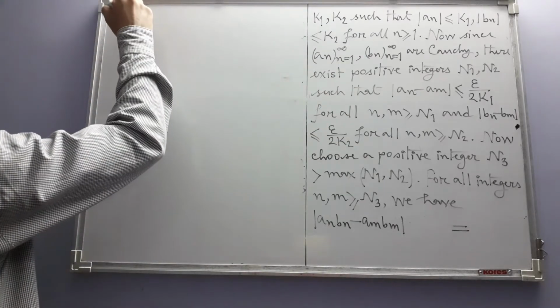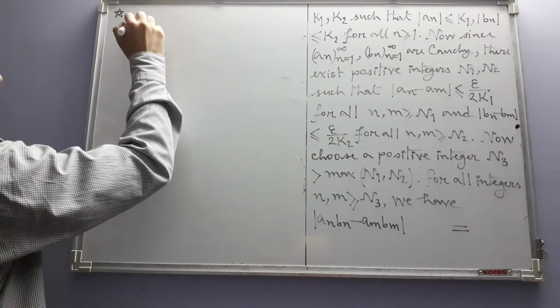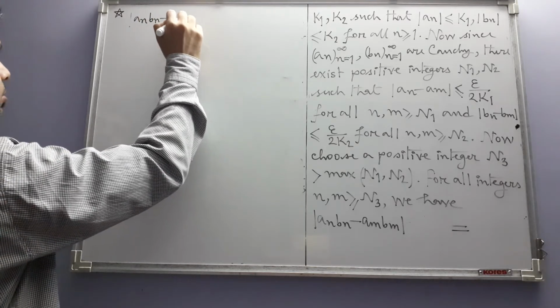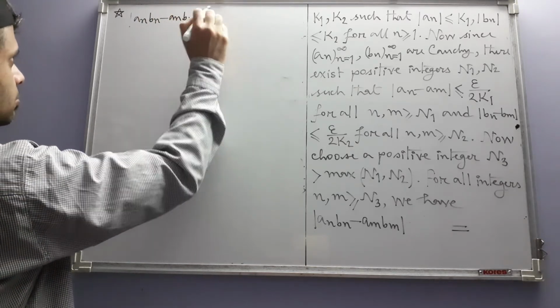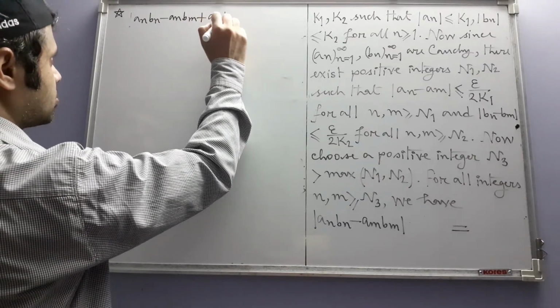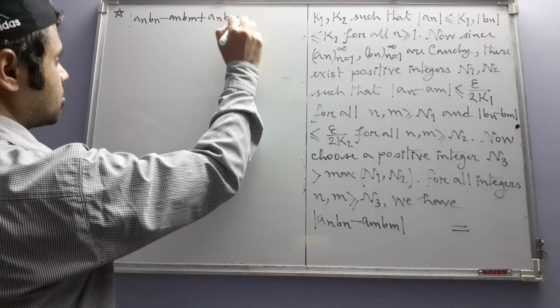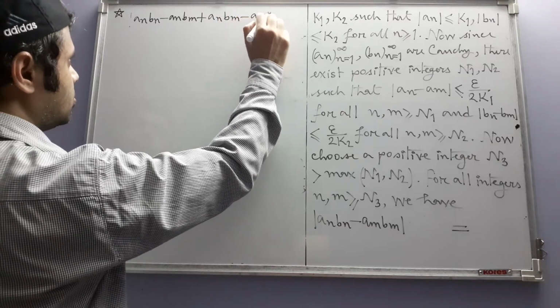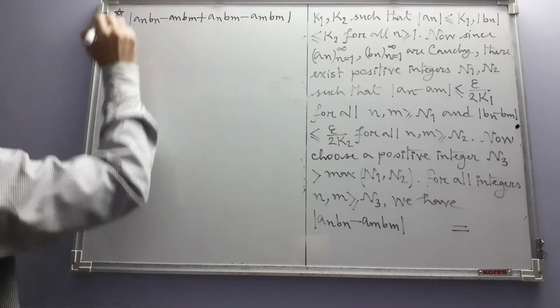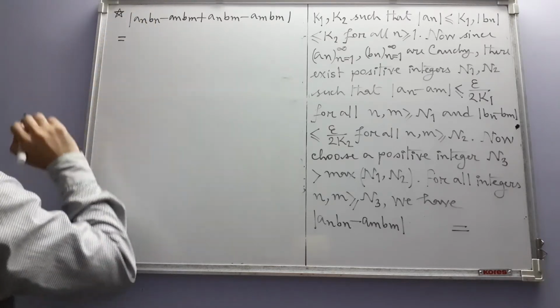This is equal to anbn minus anbm, so we have to add that also to balance things, minus ambm.